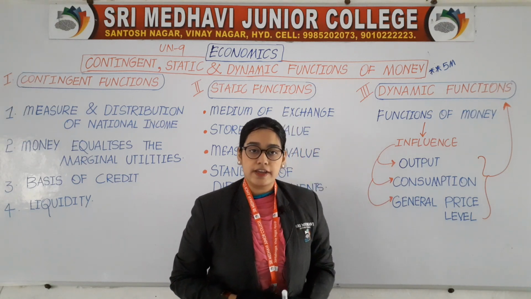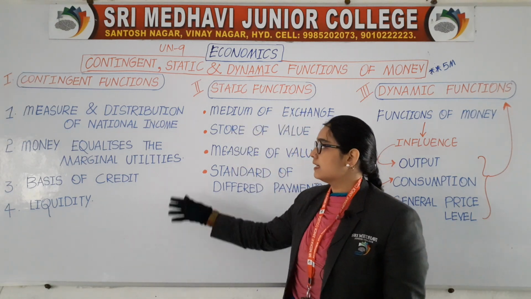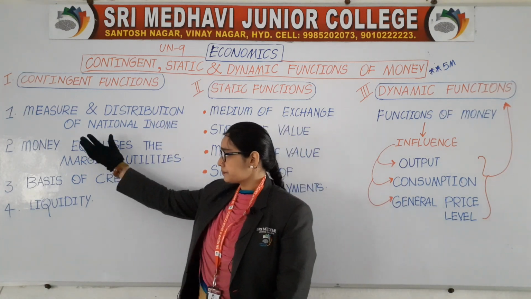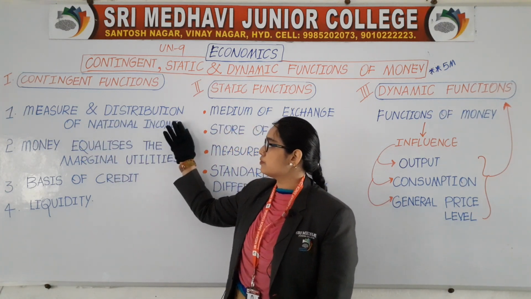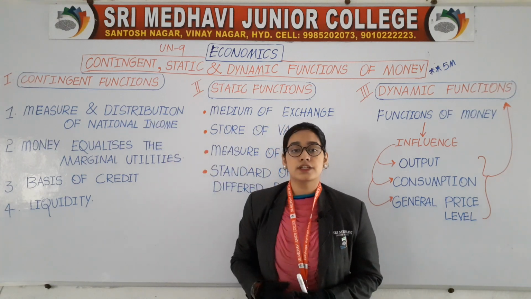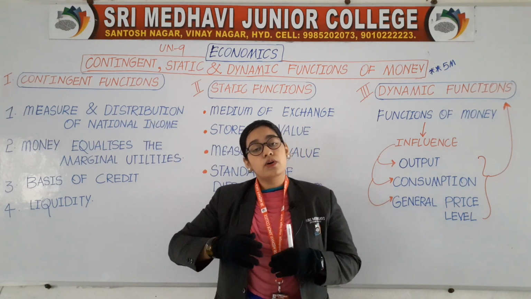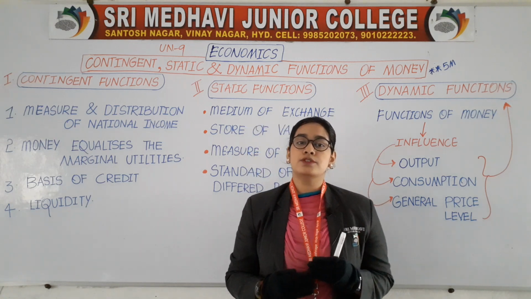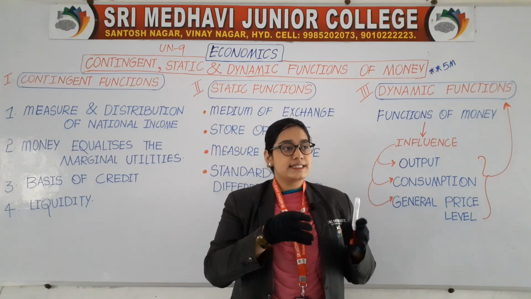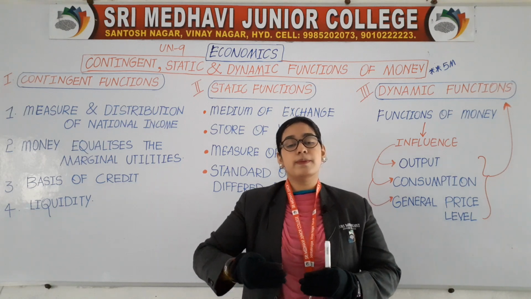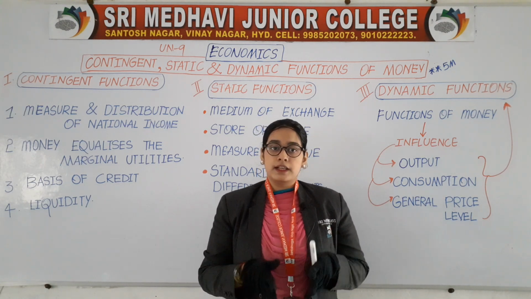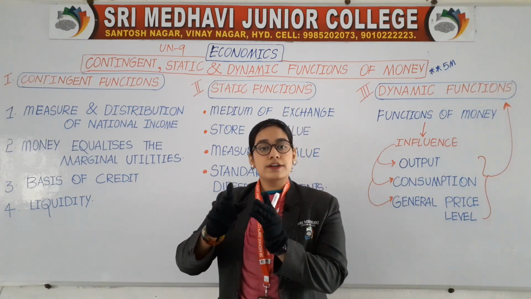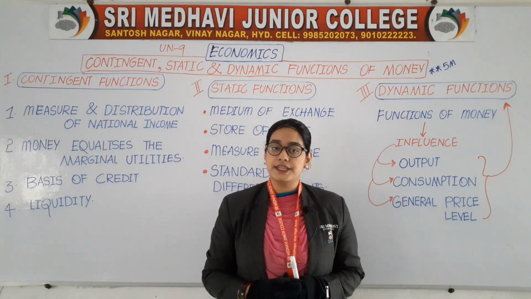So let us see what the contingent functions of money are. First, measure and distribution of national income. All the activities we do, we measure in terms of money. For example, if you are buying 1 kg of potatoes, the cost is 20 rupees.